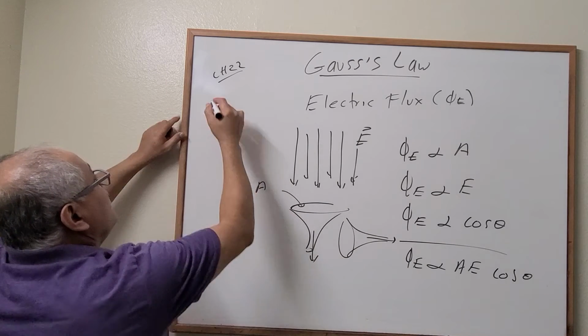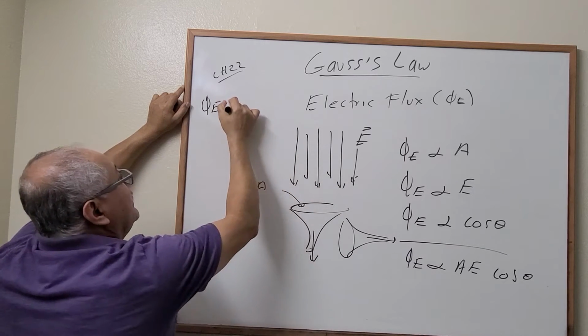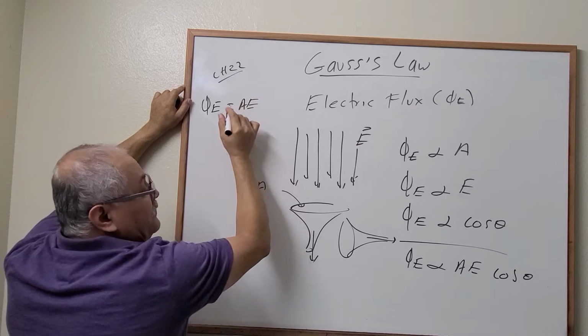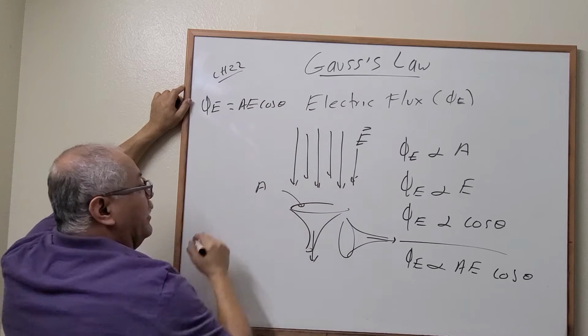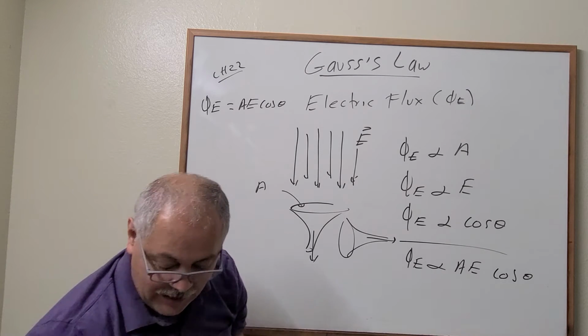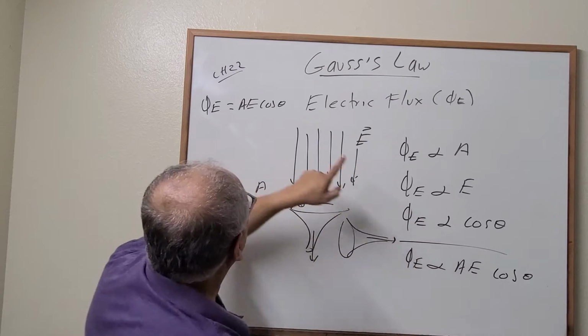So we get that the electric flux is equal to A, the area, times the electric field, times cosine theta.